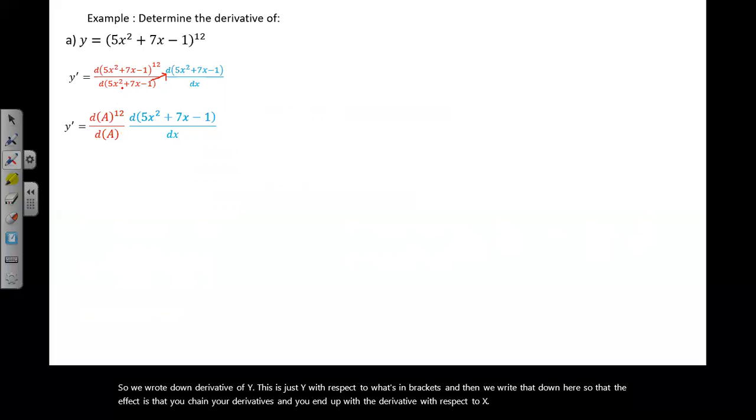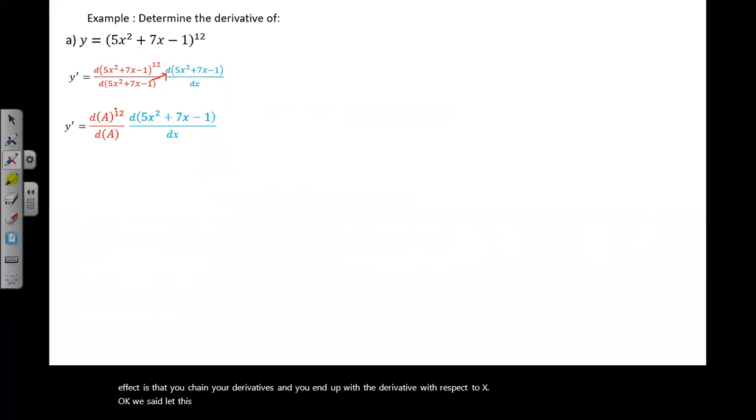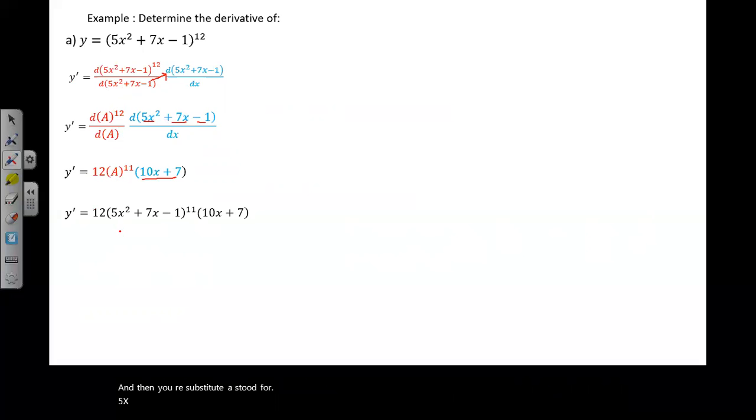Okay, we said let this be replaced with a, derivative of a to the 12, 12a to the 11, derivative of 5x squared plus 7x minus 1 is 10x plus 7. And then you resubstitute. a stood for 5x squared plus 7x minus 1. And that's it. We can't do anything else with it.